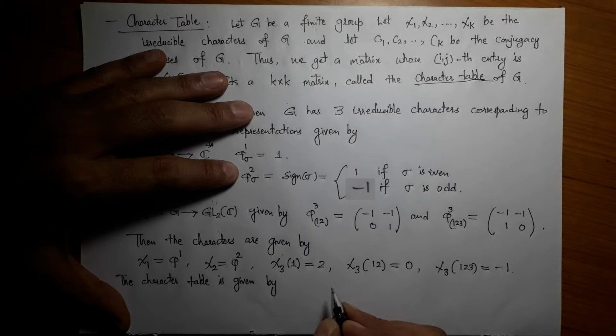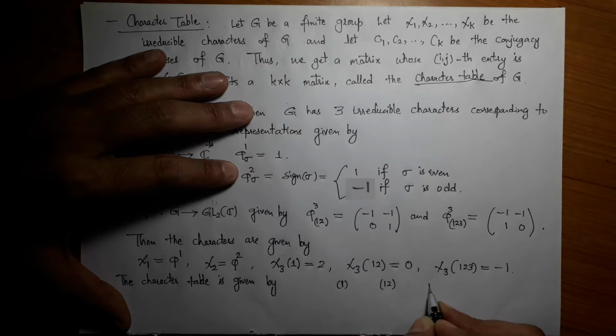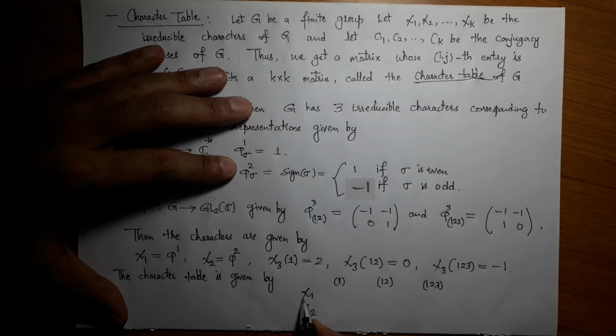So here you can write representatives of the conjugacy classes: the conjugacy class of 1, the conjugacy class of (1 2), the conjugacy class of (1 2 3), and the rows are parameterized by the characters chi1, chi2 and chi3. So let us write down the matrix.